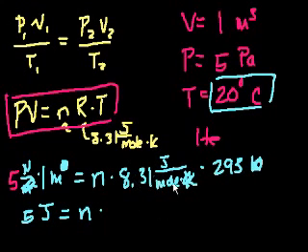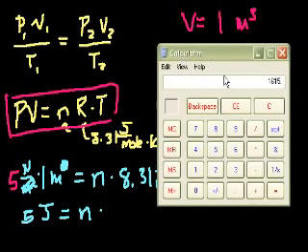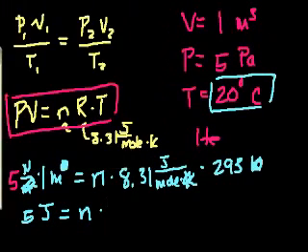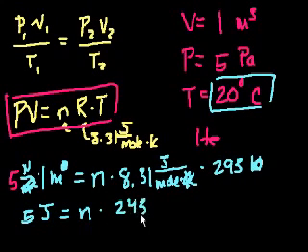So 8.31 times 293 is equal to 2434.83. So let me write that down. Times 2434.83 joules per mole.